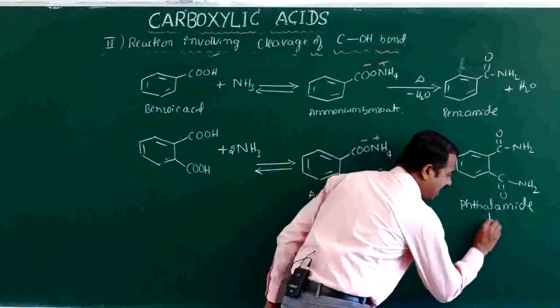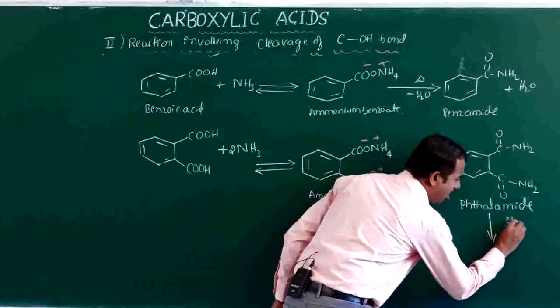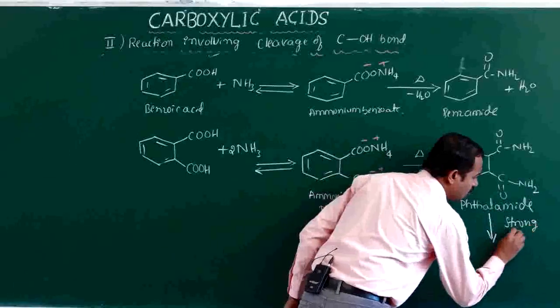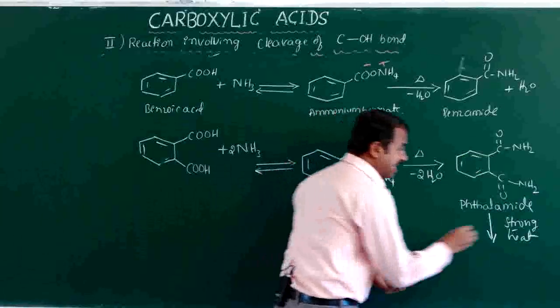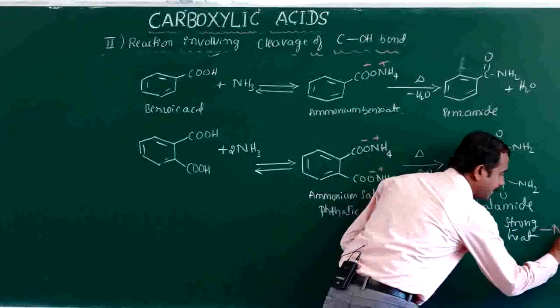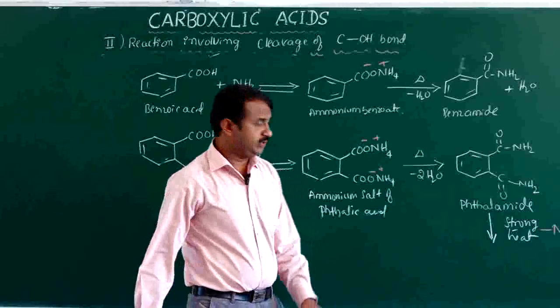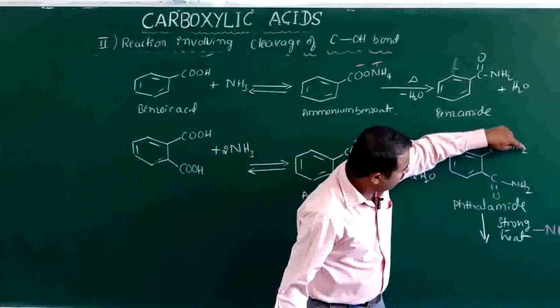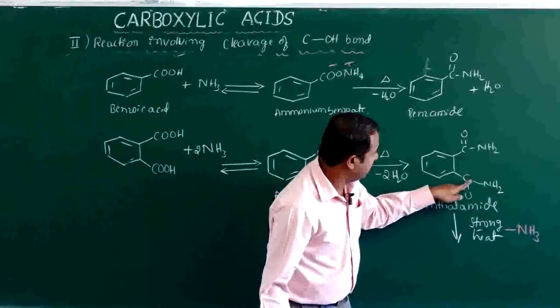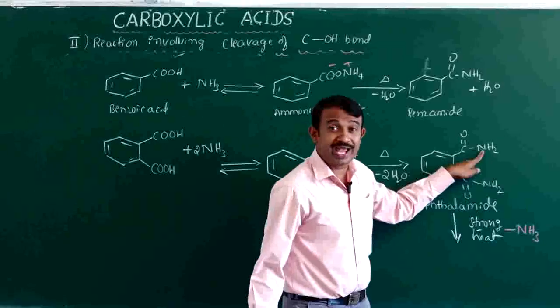When the phthalamide is strongly heated, with the elimination of ammonia, one hydrogen is attached here, NH3 is eliminated, and this bond is directly attached to NH.